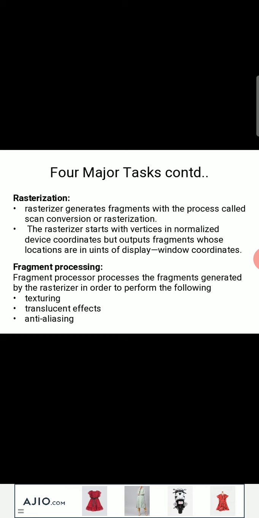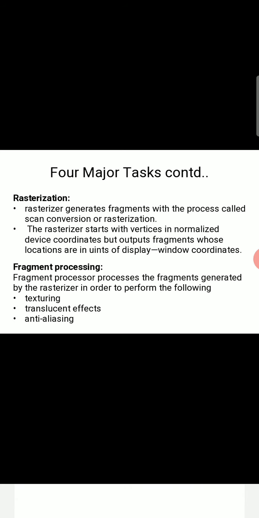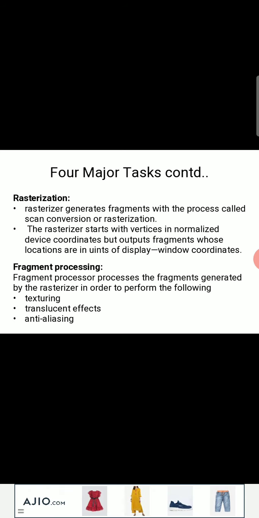Rasterization. A rasterizer generates fragments with a process called scan conversion or rasterization. The rasterizer starts with vertices in the normalized device coordinates but outputs fragments whose locations are in units of the display, nothing but the real window coordinates.